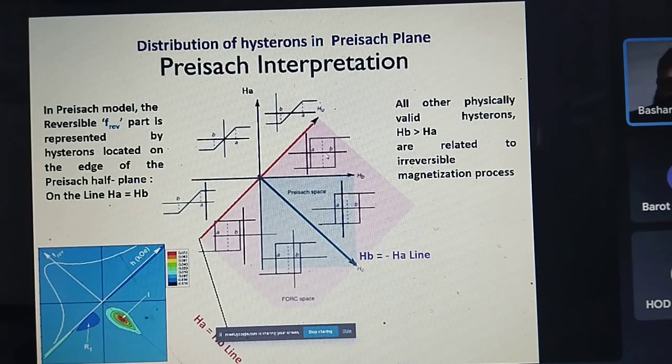So all the hysterons represented below this red line in this plane are irreversible components of your magnetization. All the hysterons which lie on this porosity line tell us that the farther away they are from the origin, the more is the porosity of that hysteron.